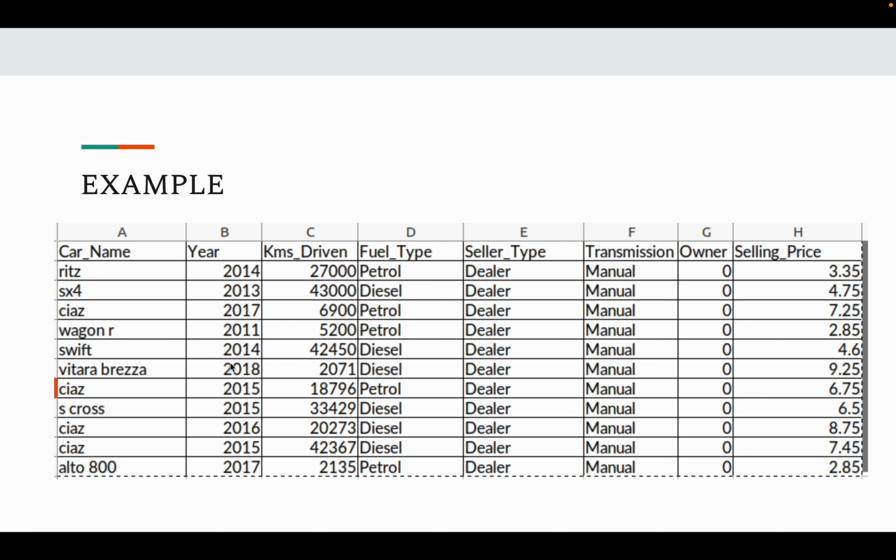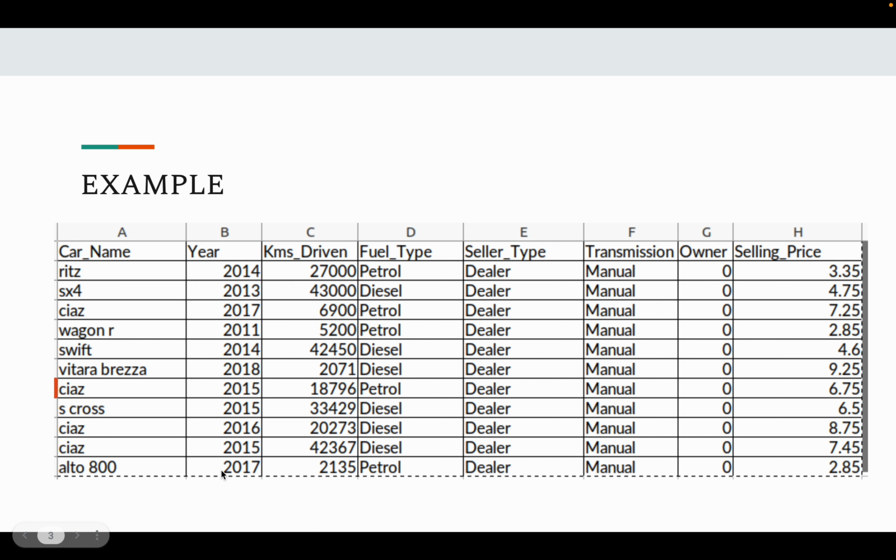But if other features come into the picture, for example year, kilometers driven, and fuel type, then we cannot say that the value of the Swift is always greater than the Alto 800, because consider here the Alto 800 is a make of year 2017 and the Swift is 2014.